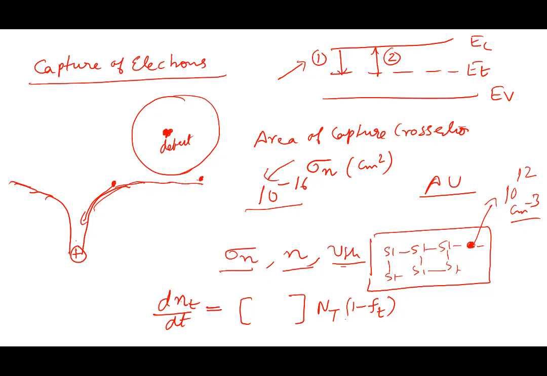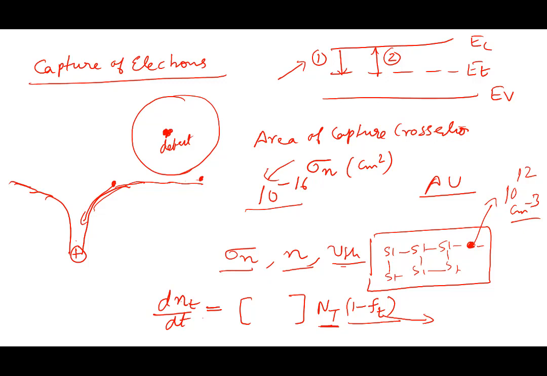So what will capture is the total defect density, and 1 minus Ft refers to the fact, Ft is the probability that the defect is occupied by an electron. 1 minus Ft refers to what? The probability that the defect is empty. Okay, so Ft is the probability that a defect is occupied with an electron. So obviously it would depend on this. If I have all the defects which are full of electrons, then no more are going to be captured.